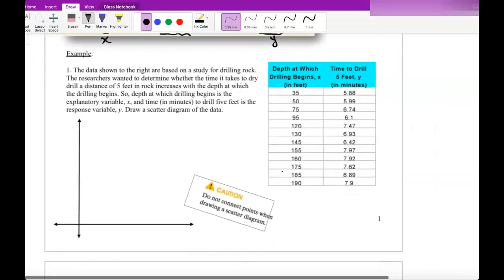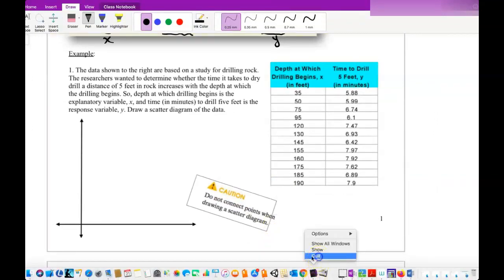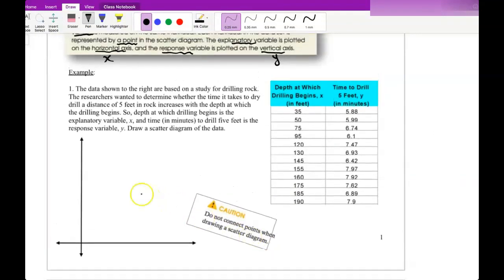Okay, now an example. Here we have a table with two columns. The first column is X and here is Y. The data shown are based on a study for drilling rock.